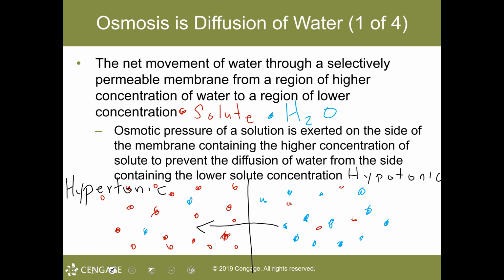So osmosis, say again, will always go from hypotonicity to hypertonicity until equilibrium has been reached. This is why I spend so much time drawing it out for you. That's why you see higher concentration of water to lower concentration of water. So I hope this helps a lot with what osmosis is.